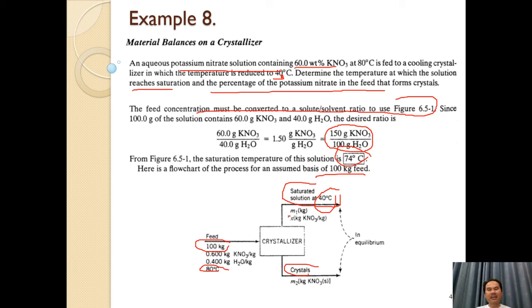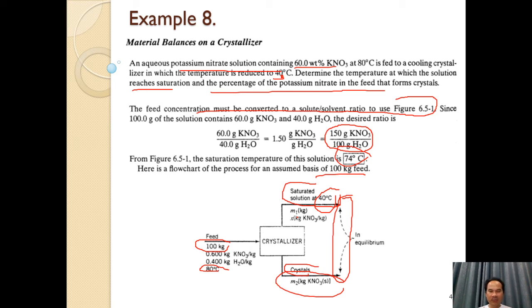M1 means the mass of saturated solution, and M2 is the mass of crystal. This solution is in equilibrium, and X is the fraction of potassium nitrate. If you know X, you can calculate the fraction of water.